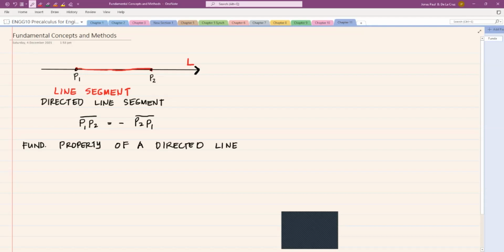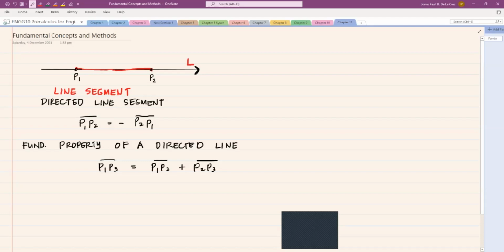So ngayon, kung meron tayong tatlong points, for example, P1, P2, and P3, the relationship between these 3 points is the directed line segment P1P3 is equal to P1P2 plus P2P3. Yan. So kung meron tayong tatlong points, ito yung relationship niya.